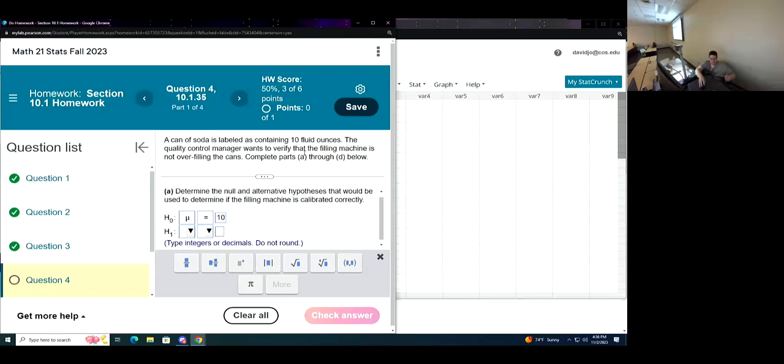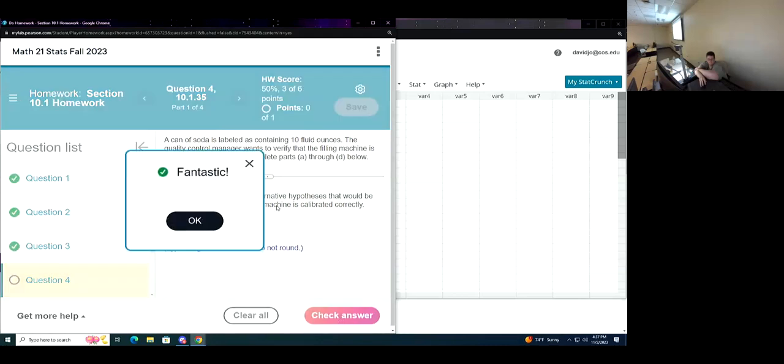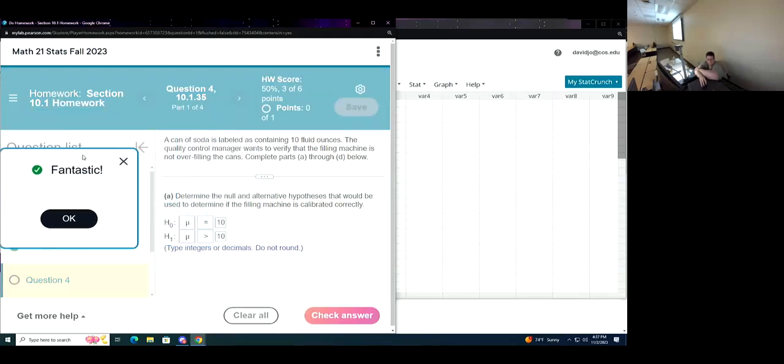He thinks it might be higher. That's what he's worried about. So we're going to say that the average is greater than 10. That's it on that one.